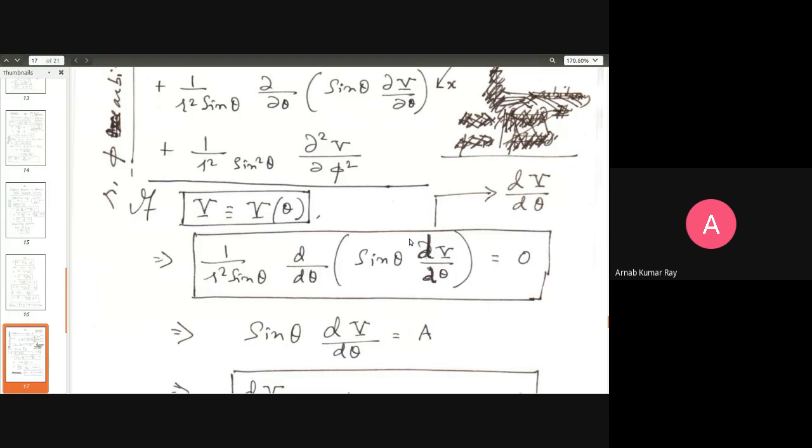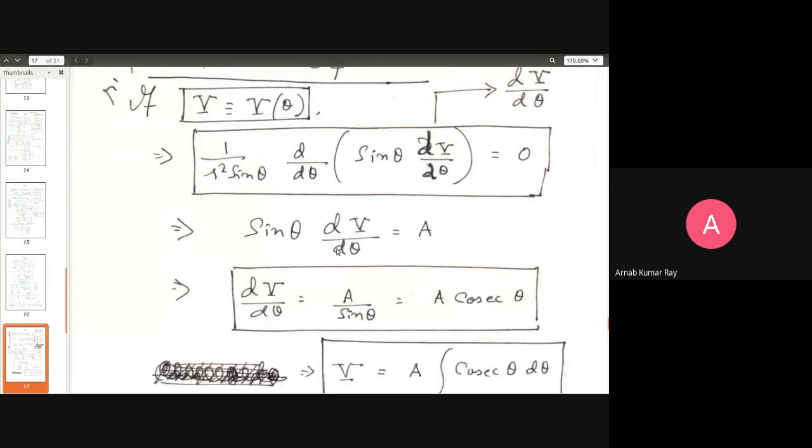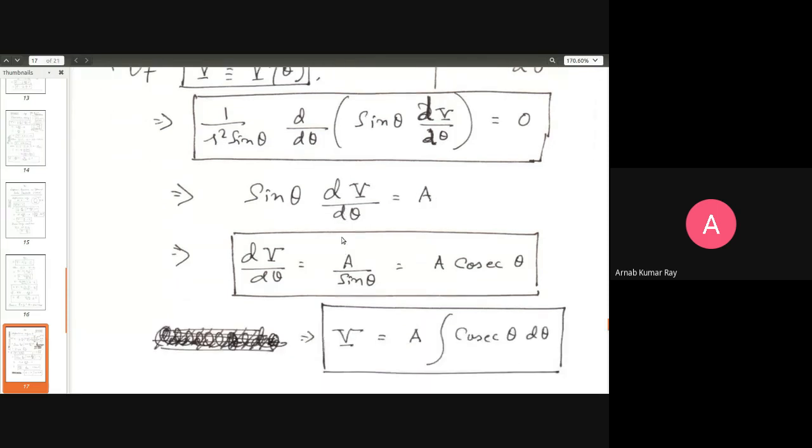If d d theta of this quantity is equal to 0, first integral we are solving: sine theta dV d theta is equal to a. An arbitrary integral constant has been introduced. We have carried out the first integral. Now we shall have to be a little attentive.